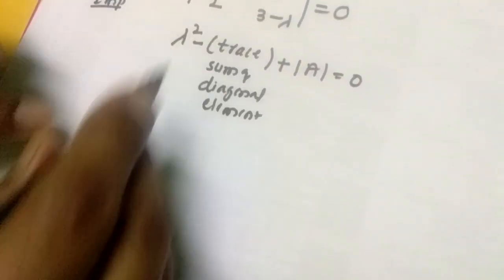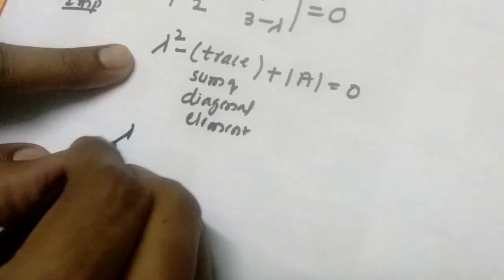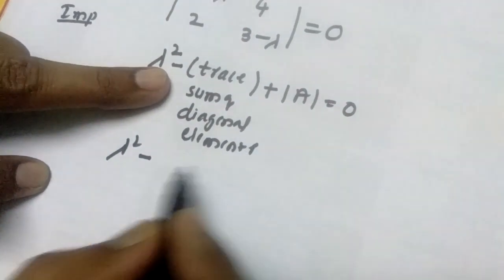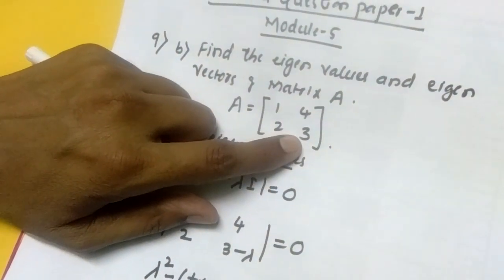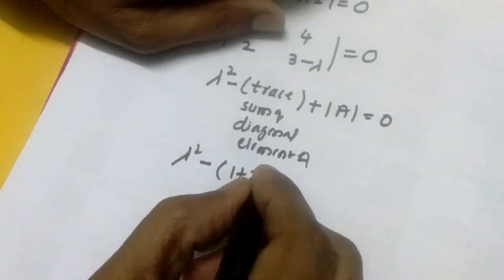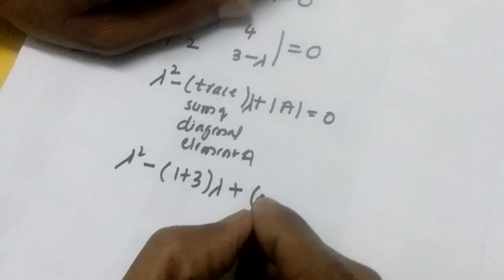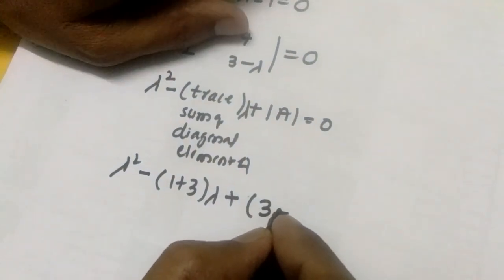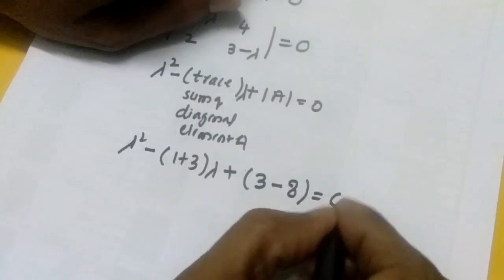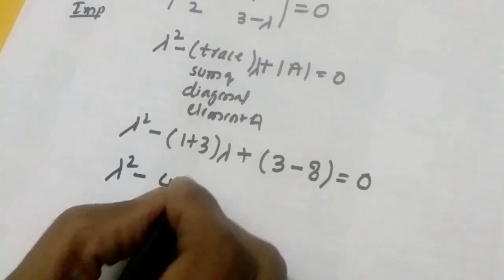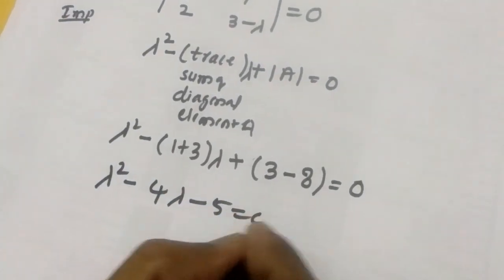This gives the equation directly: lambda square minus trace of A. Here the diagonal elements are 1 and 3, therefore the sum is 1 plus 3, into lambda, plus the determinant of A, which is 3 into 1 is 3, minus 2 into 4 is 8, equal to 0. Therefore the characteristic equation is lambda square minus 4 lambda minus 5 equal to 0.